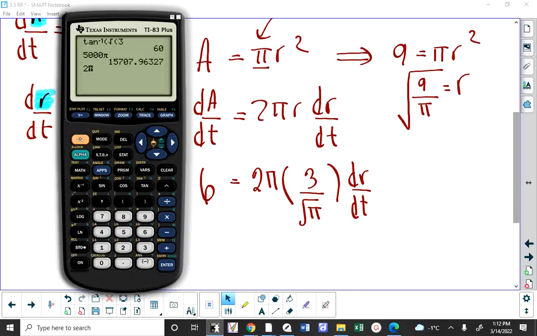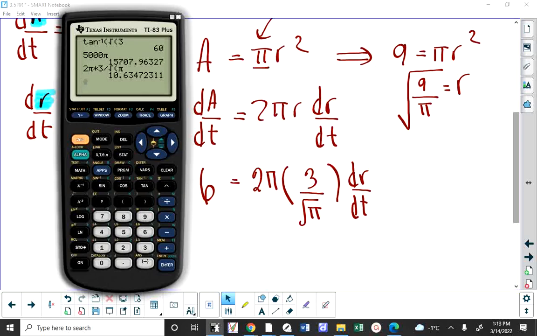So I have 2 times pi times 3, divided by the square root of pi. I'm just simplifying the number set that's being multiplied by dr/dt. And I'm getting 10.63. Anybody else get that same number?